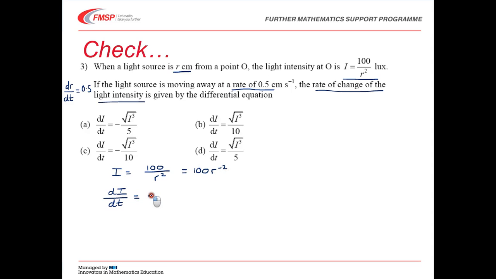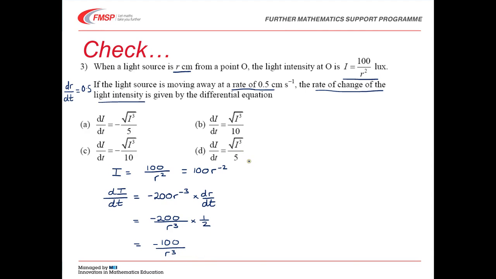And if we differentiate that with respect to t, then we'll get minus 200 r to the minus 3 multiplied by dr by dt. So that's minus 200 over r cubed, and dr by dt we're told is a half. So that comes out to be minus 100 over r cubed.